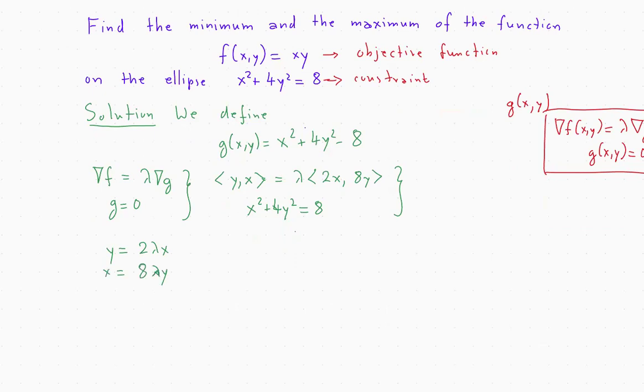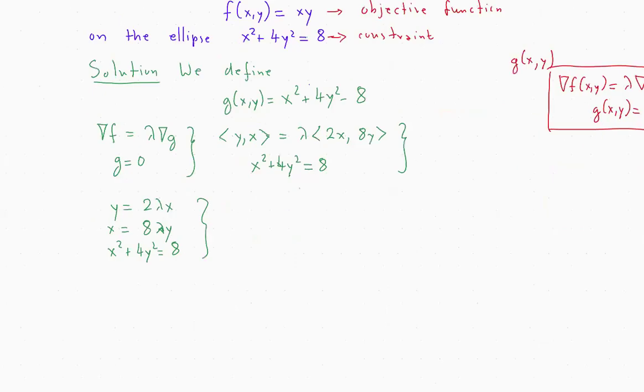So now what we do here is simply argue that none of the numbers x, y, or lambda can assume the value 0 if they're part of a solution of the system, right? So let's explain that. Why can't x be 0? If x were 0, then the first equation would imply that y is 0.